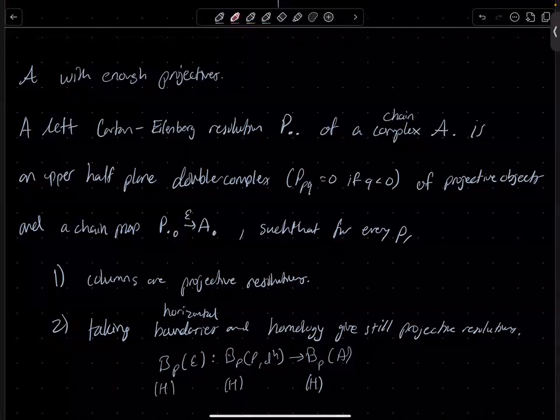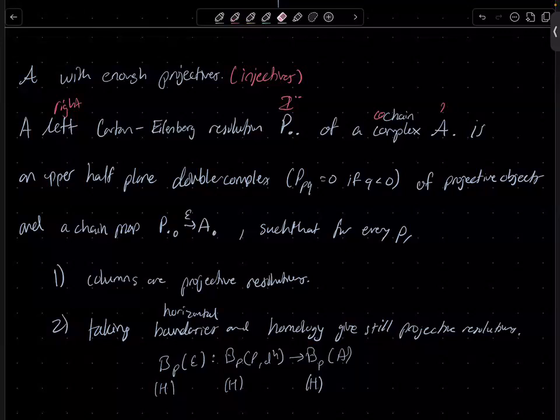And then there's also the dual thing for injectives, the injective resolution version of this. So we need injectives, and then we get a right one. You put right here. So a lot of flipping things around. I bullet of a cochain complex, the upper bullet, and then you put IPQ equal to 0 if Q less than 0, of injective objects, and a chain map I upper bullet 0.